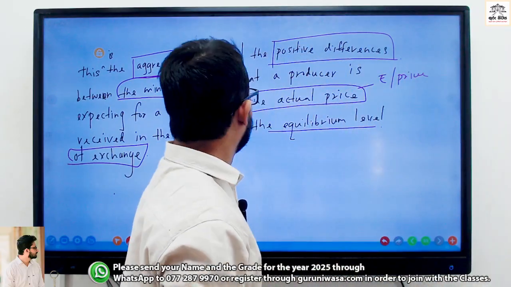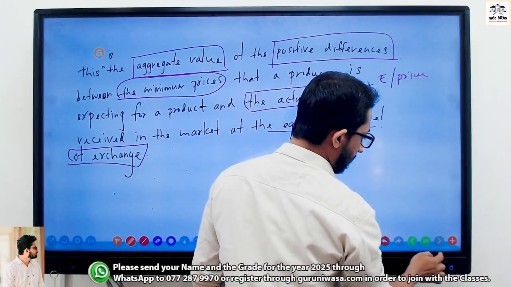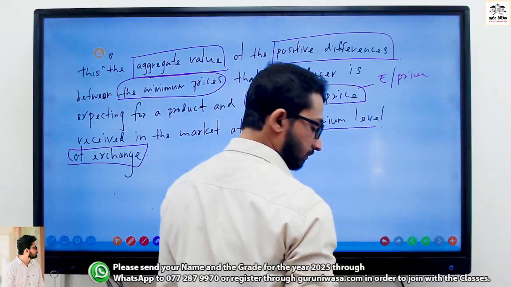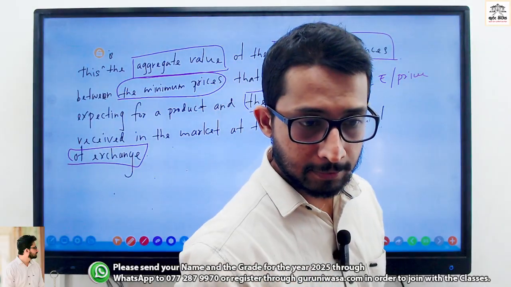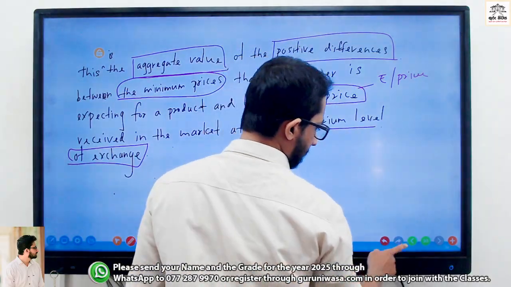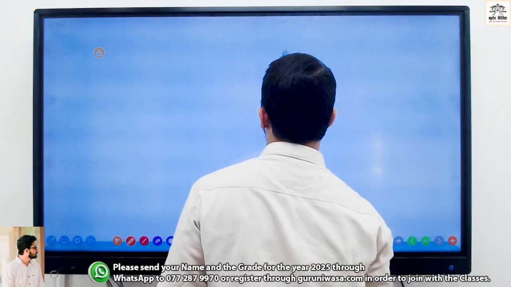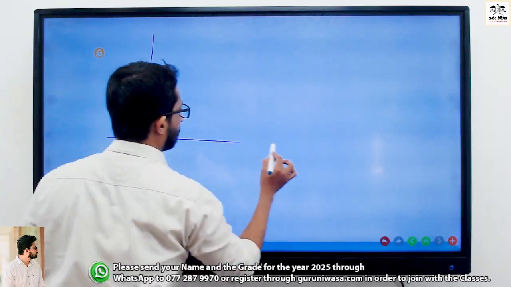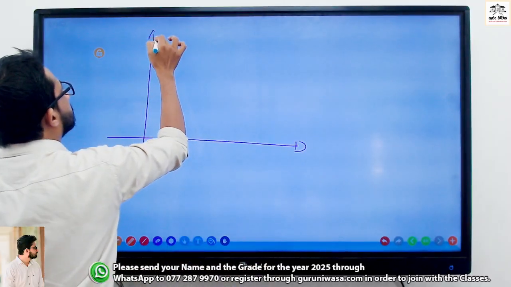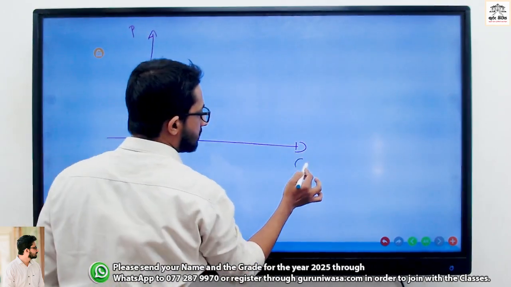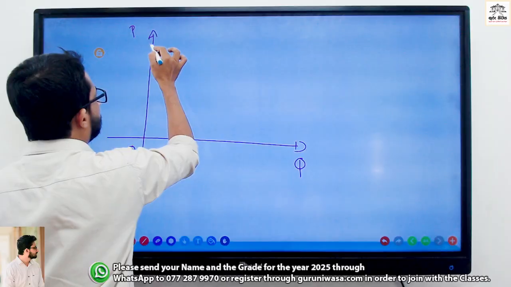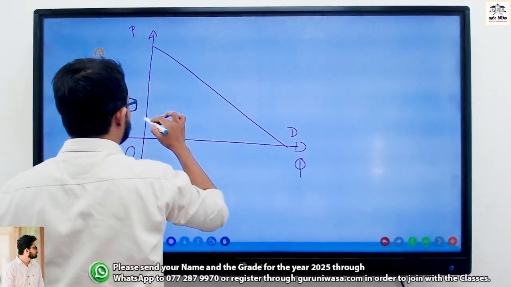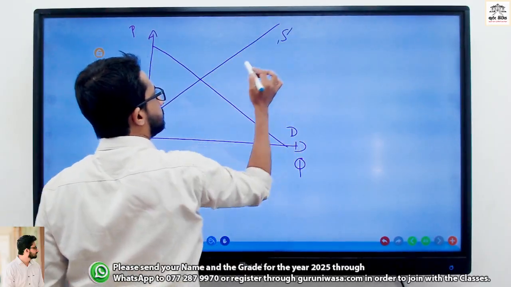Right. Next one is the equation. Price, quantity, 0. Demand curve, supply curve.